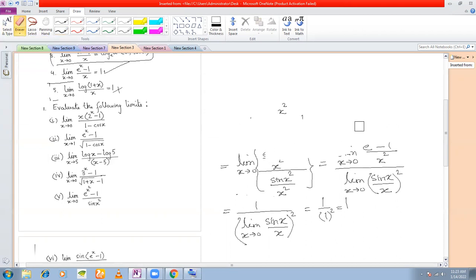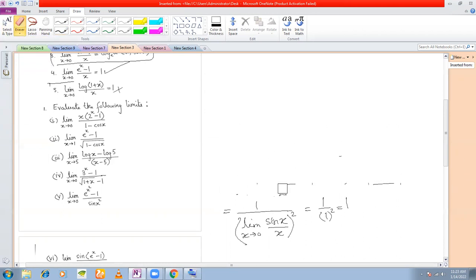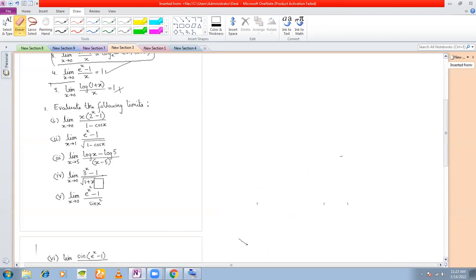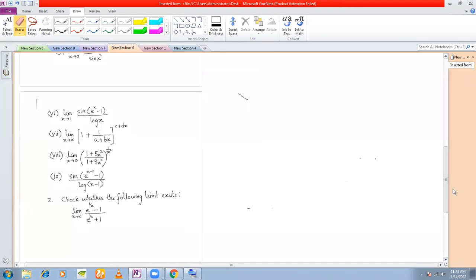Move to the next problem, number 6. The given limit here is limit x tends to 1 sine e to the power of x minus 1 by log x.